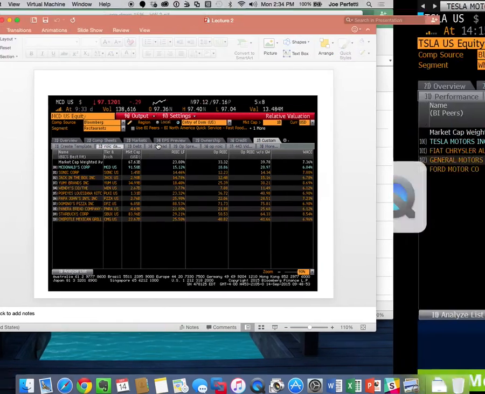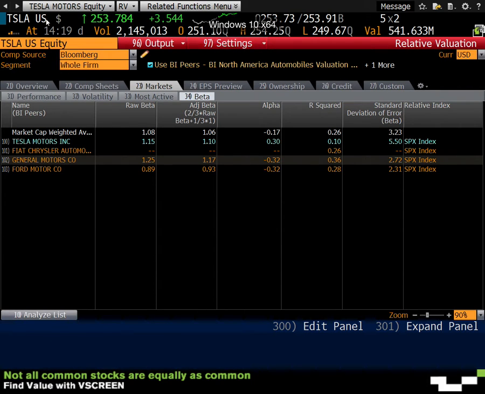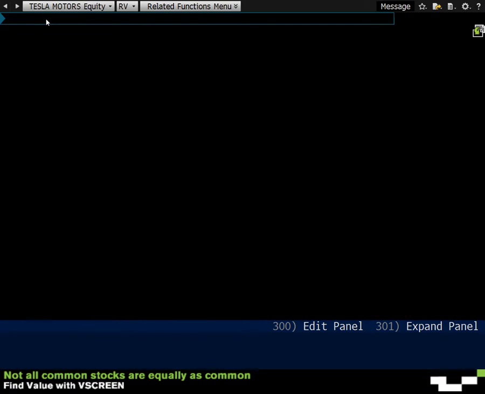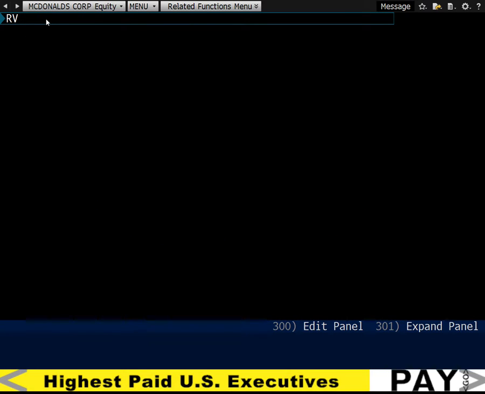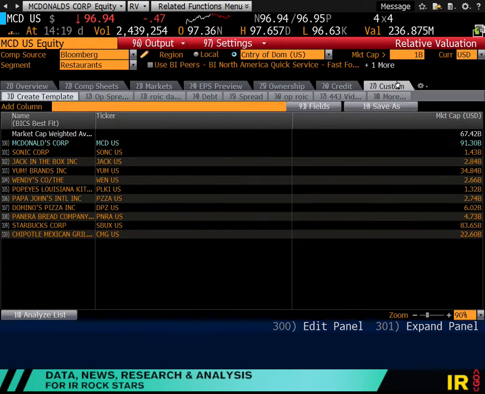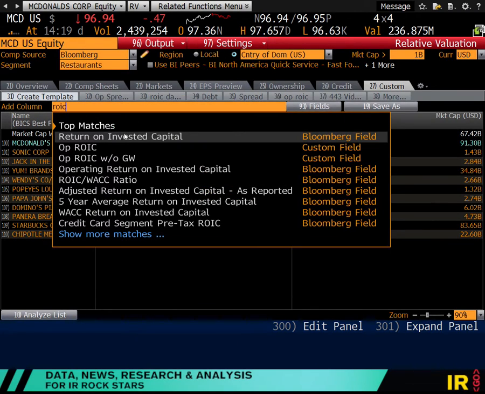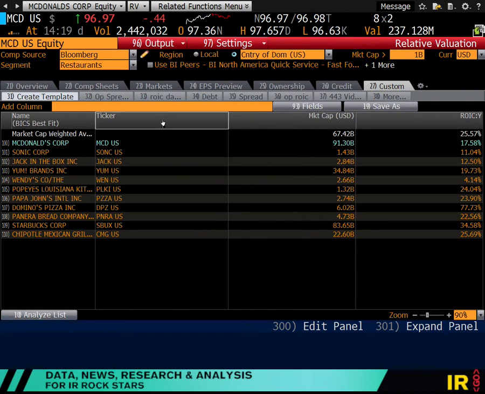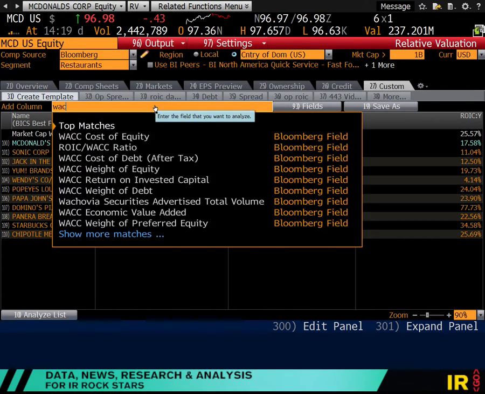Basically, here's what will happen. You'll type in McDonald's US equity. You'll go to RV. You'll go to custom. You'll type in ROIC for the latest year. You'll type in WACC.